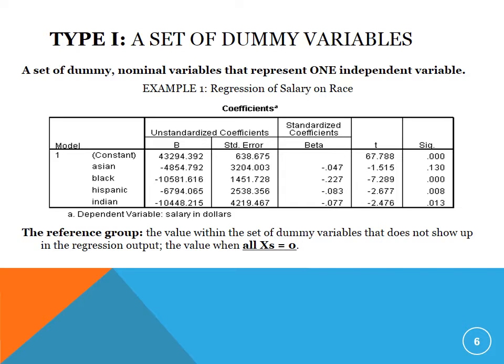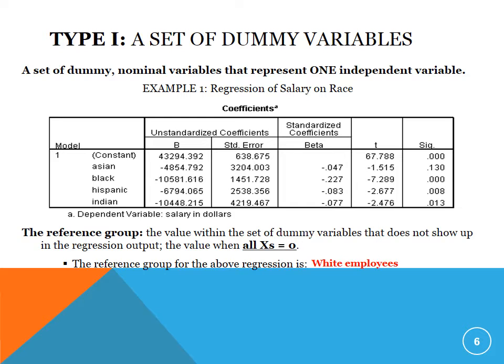The reference group is called the reference group because if we did put that reference group in, the computer would simply spit it out, because it needs something to compare the rest of the outputs to, and so that's why there's a reference group. The group that is not seen here in this output is what we know the reference group is. And so the reference group for the above regression is white federal employees.